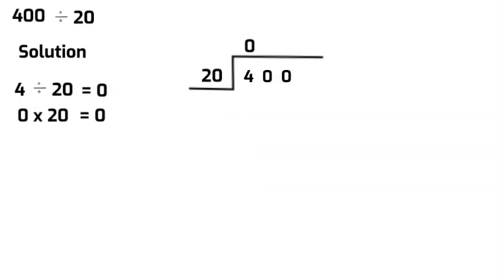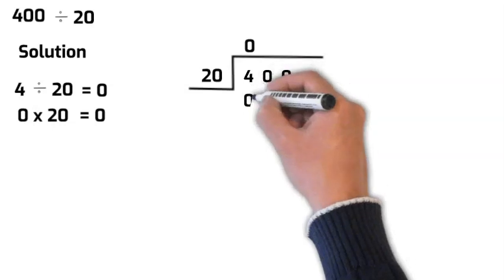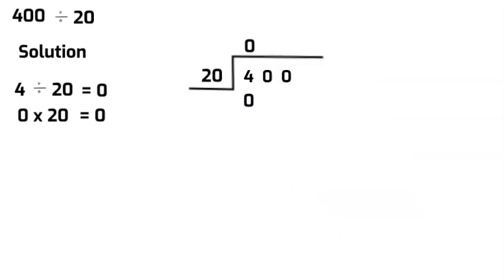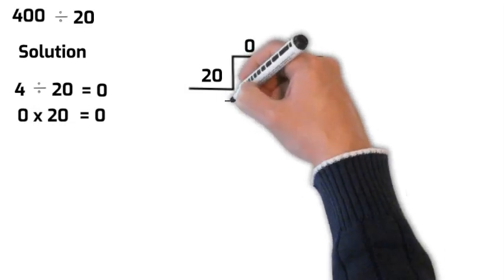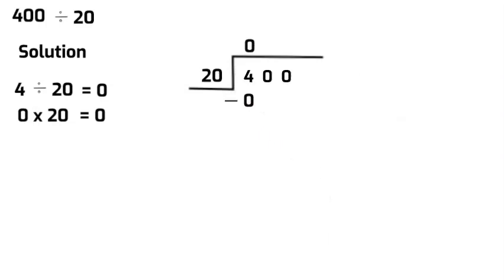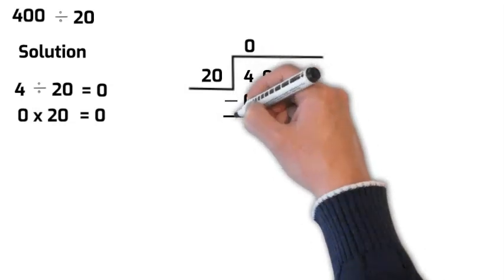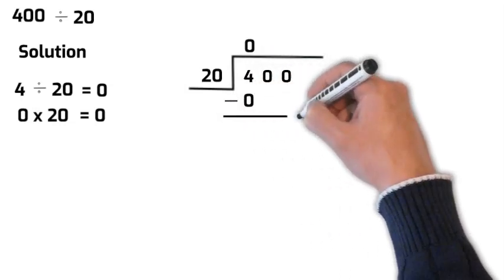We go under our first digit of our dividend, which is 4, and write down 0. Next, we place our minus sign right here and draw a horizontal line across.